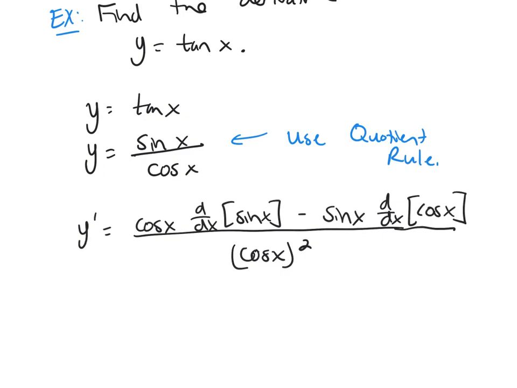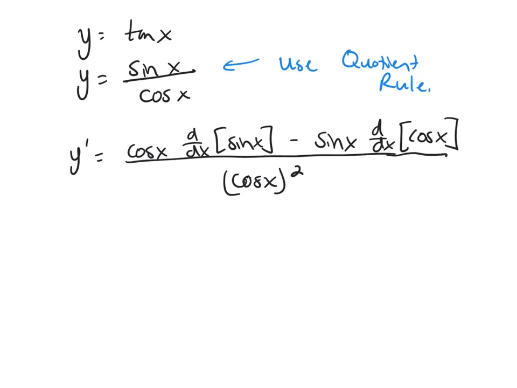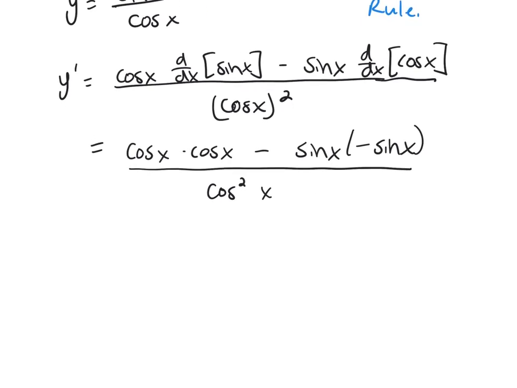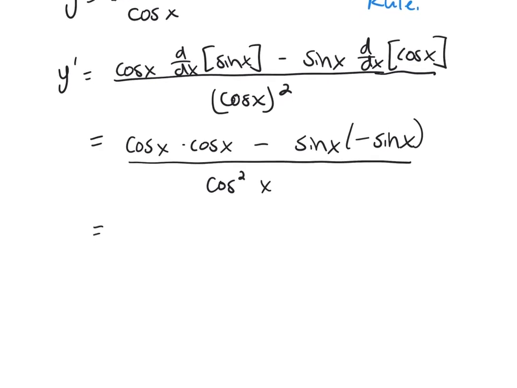Okay, so the derivative of sine we said is cosine. The derivative of cosine is a negative sine. And this is cosine squared. So then what I get, if I simplify the top, this is y prime, our derivative, cosine squared, and then you'll get plus sine squared.